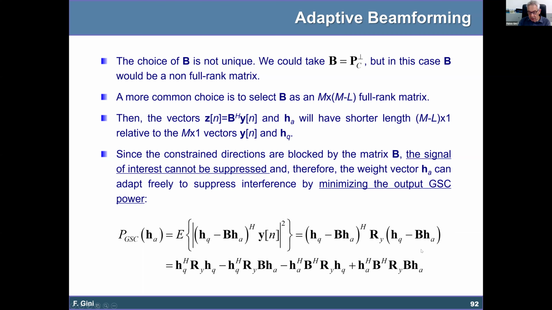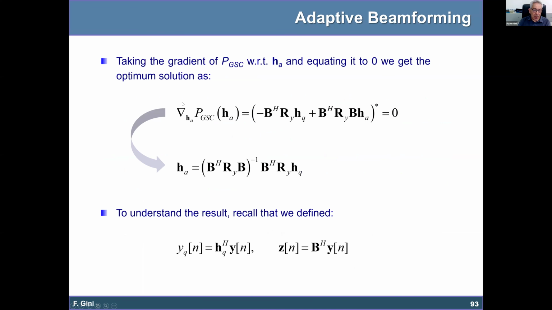So we calculate this term here. You calculate all the product. Then you calculate the gradient with respect to HA. You set the gradient equal to 0 and you find the solution. So this is the optimal HA, and then in practice, it should be implemented by making it adaptive, replacing Ry with the sample covariance matrix.